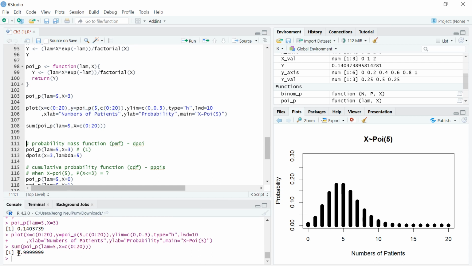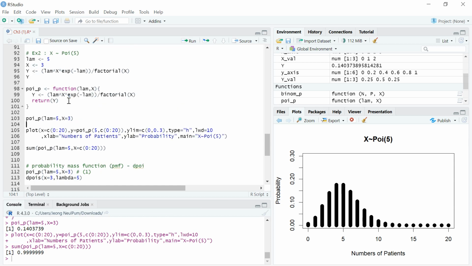As you can see, the summation of all of the probabilities is almost 1. It has to be 1, but because we only use x from 0 to 20, not infinity, we get almost 1, not exactly 1. But this is not an error.